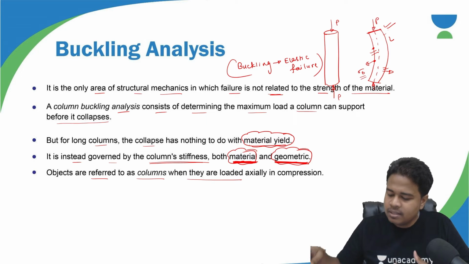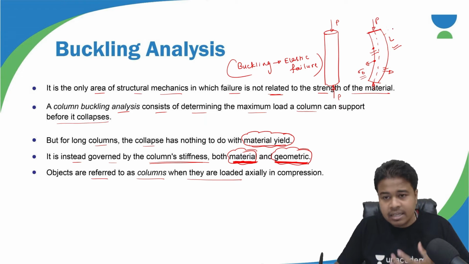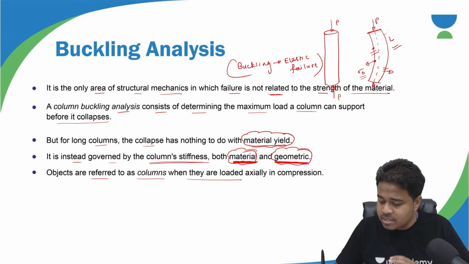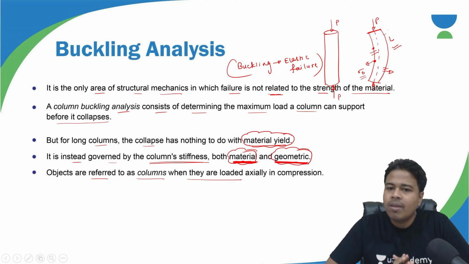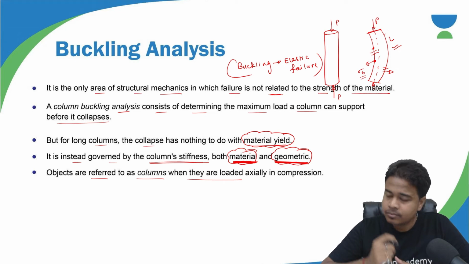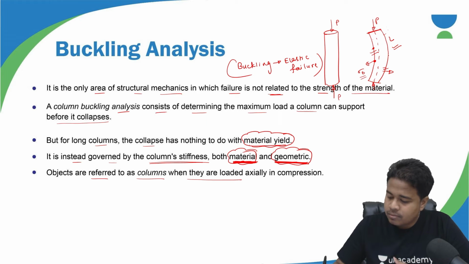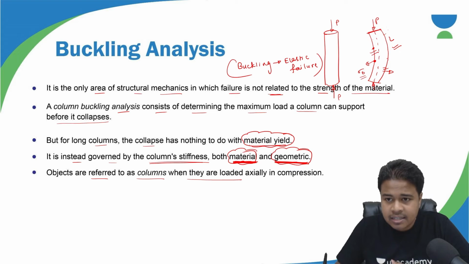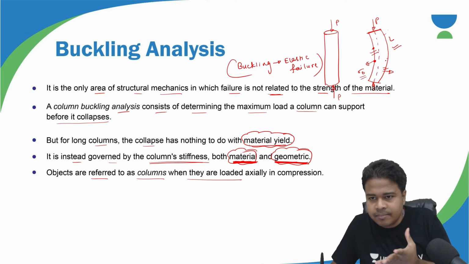Suppose the load is acting on this particular column, and the maximum stress acting here is inside the elastic region. Even then, we will consider this column as failed if it starts buckling.